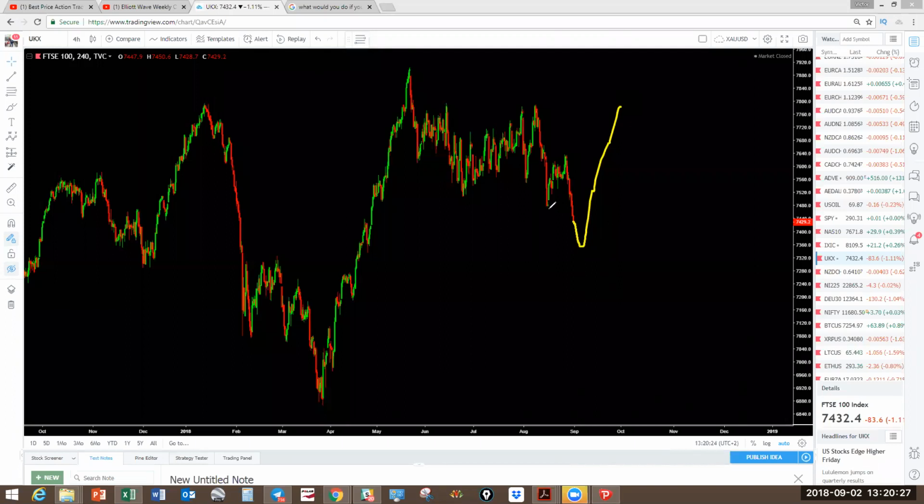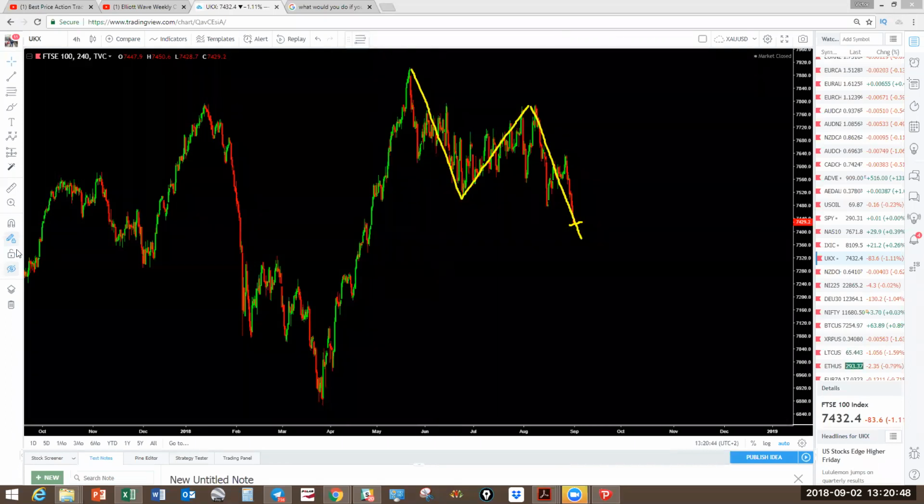So why is this one coming down while the other indices are going up? It's all about the strength of the correlation, and the correlation coefficients always change over time. So it is not fixed. So right now we're coming down to the blue box.